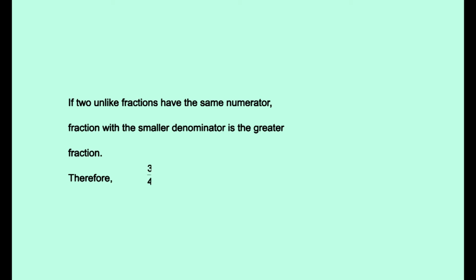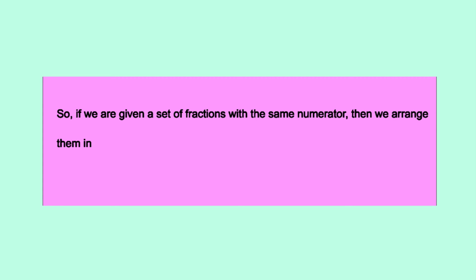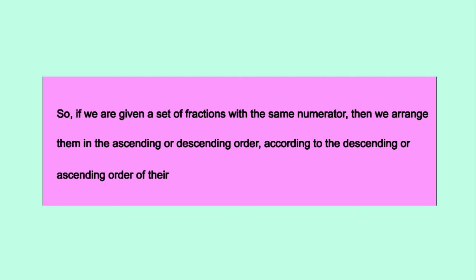Therefore, 3/4 is greater than 3/5, as 4 is less than 5. 3/4, 3/5. So, if we are given a set of fractions with the same numerator, then we arrange them in the ascending or descending order according to the descending or ascending order of their denominators.